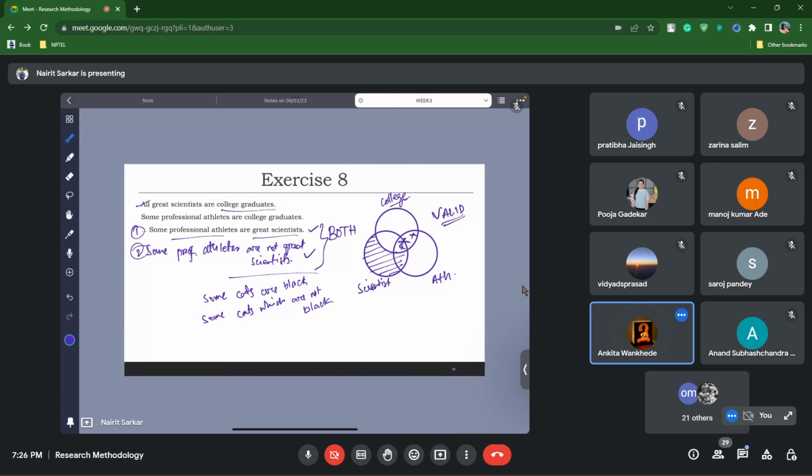Because X is in the middle, you can put X here also and here also. If you put it here in zone 1, that means some scientists are athletes, and if you put X here, it means some scientists are not athletes. So both statements are valid. Sir, between athlete and scientist, more than one conclusion can be true? Yes, 1 and 2 both.